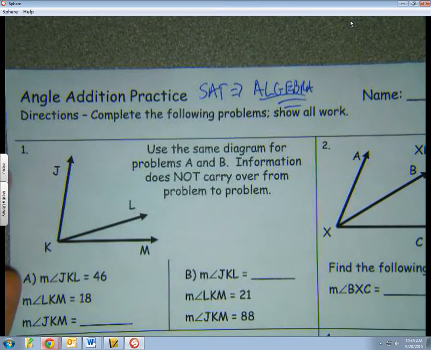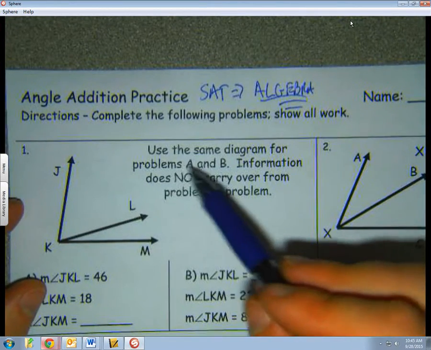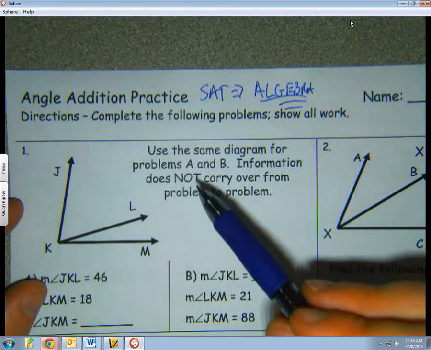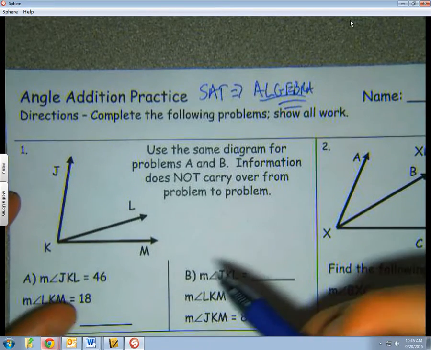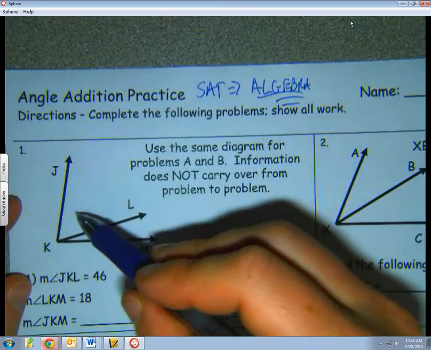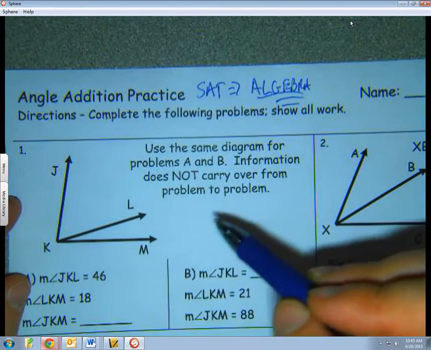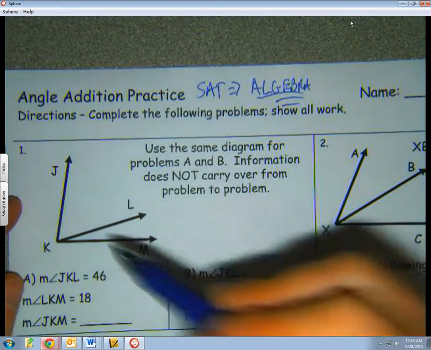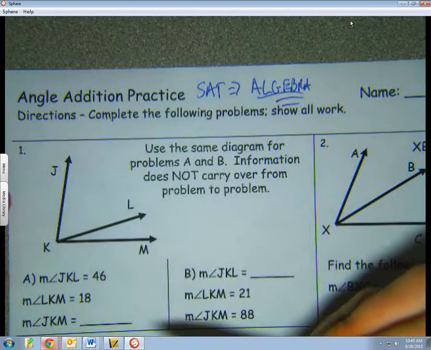So first thing with this is just to label what we know. It says use the same diagram for A and B. Information does not carry over. So I'm going to use this one with this information, and I might draw another picture over here, or maybe I'll do them both.